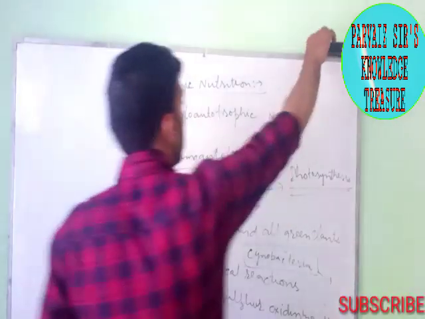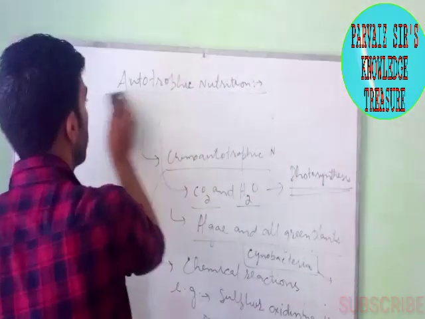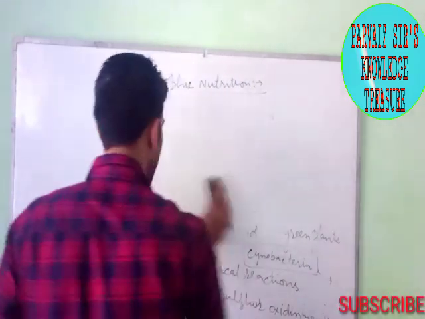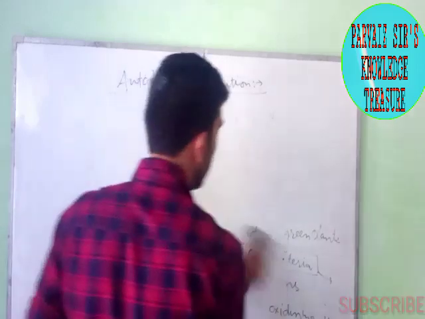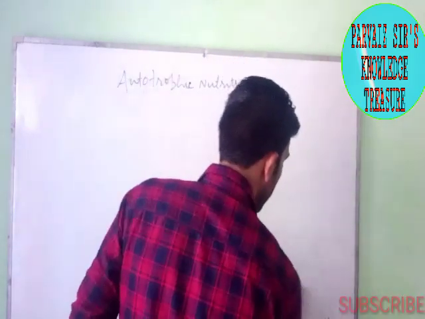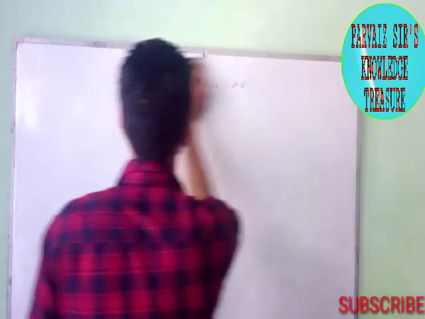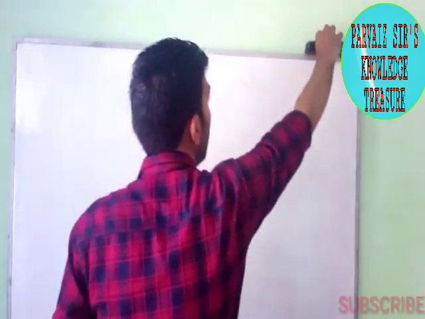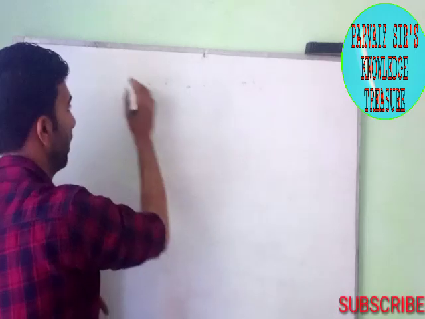Now, the second type of nutrition is heterotrophic nutrition. Heterotrophic nutrition is also derived from two Greek words. Hetero means other and trophos means nutrition.